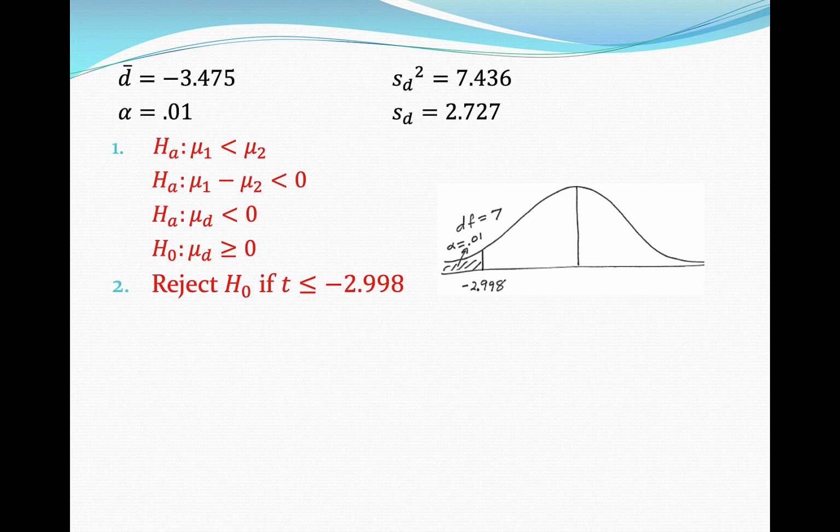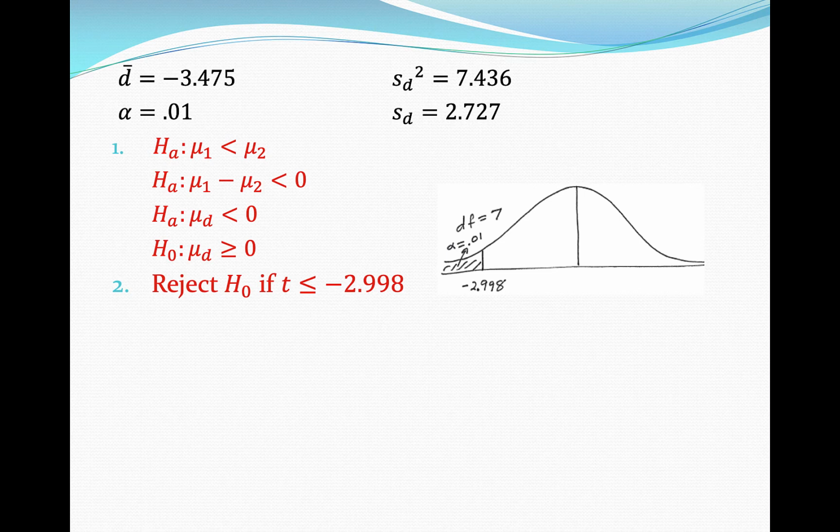Since we are trying to prove less than, again we look at HA. That's what we always look at to tell where the region is. That means it's the area to the left, which is why we use the negative 2.998. So we shade the area to the left because that's what HA is proving, less than. We know that area is 0.01, that's our alpha. We look that value up like I just said.